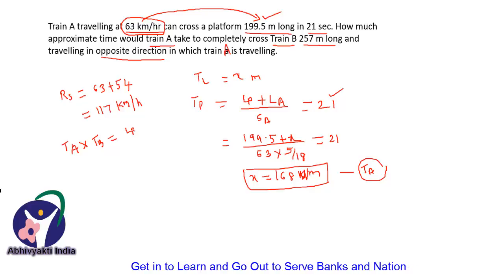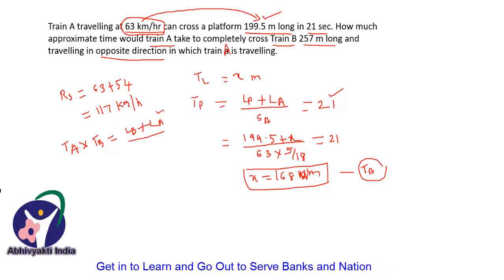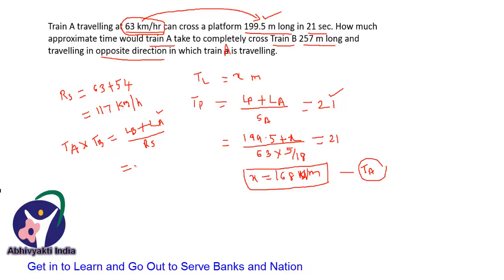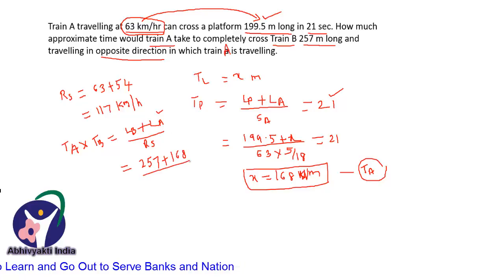is equal to length of train B plus length of train A, this is the total distance to be covered, divided by the relative speed, that is speed of train A plus speed of train B. So the time taken by train A to cross train B is equal to 257 plus 168 divided by 117, that is to be converted to meter per second, so multiply by 5 by 18, and if you solve this you get approximately 13 seconds.